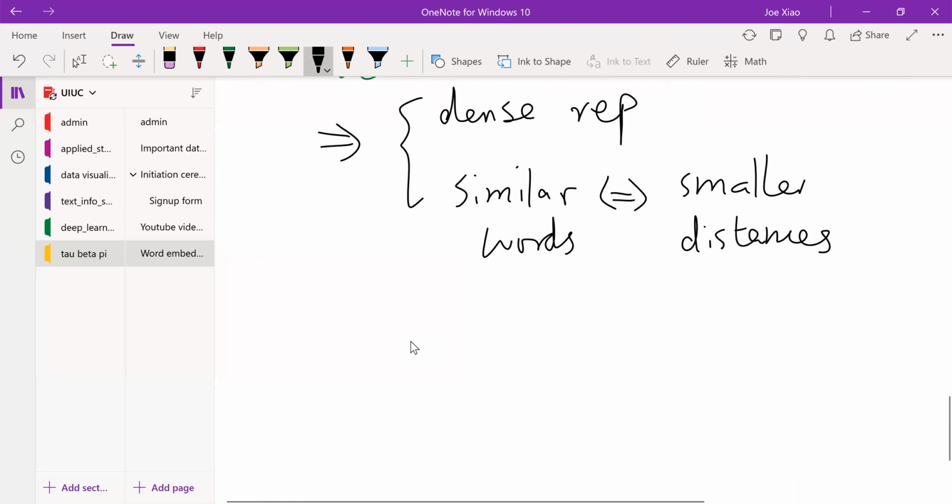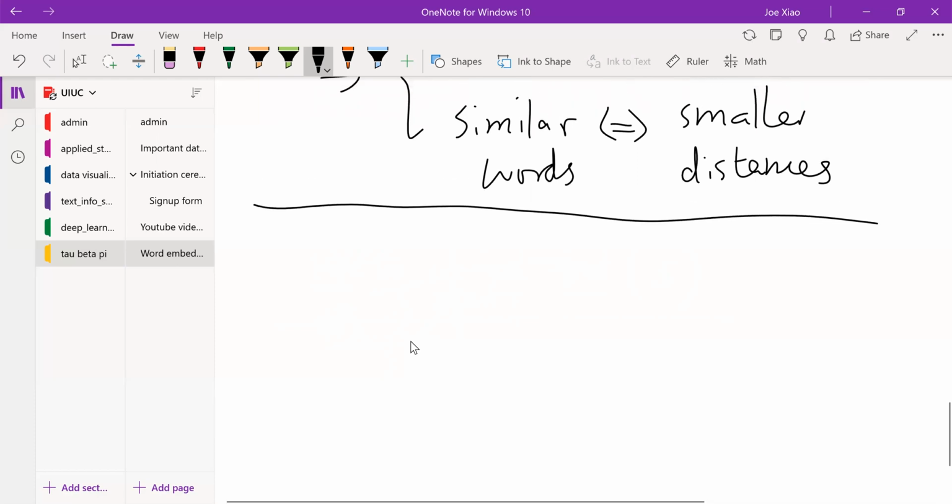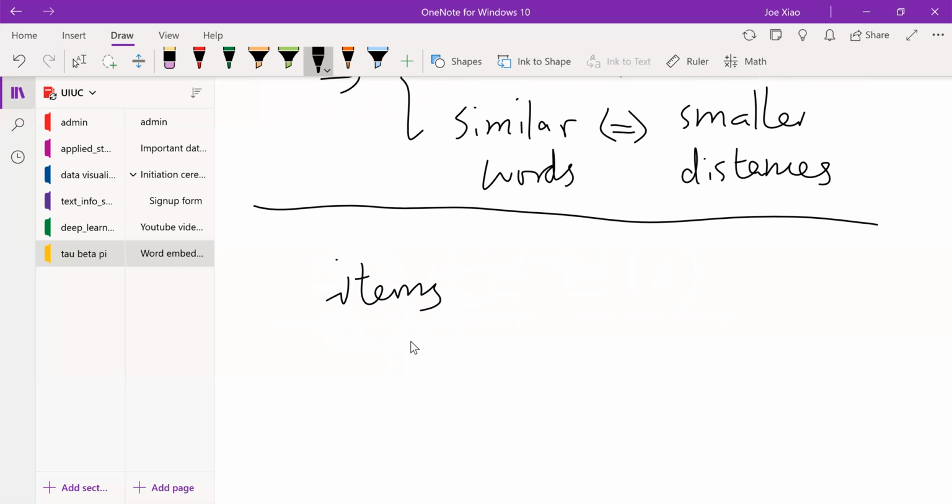So why does this matter? If we think back to our recommender system, recommender algorithms, we can use a very similar method to represent items now in a similar manner. We can embed items into vectors, and this uses the concept of items as words.